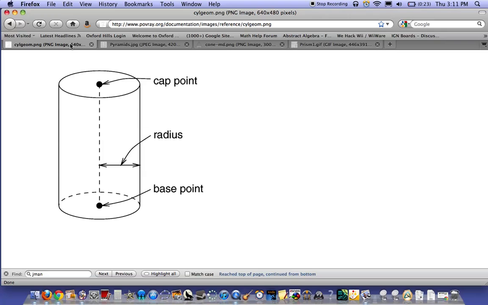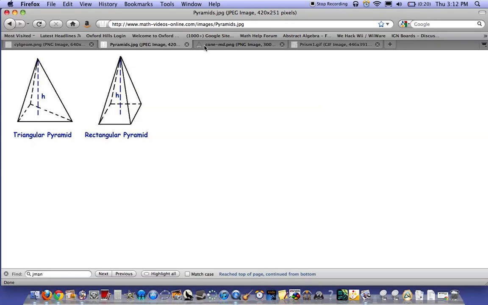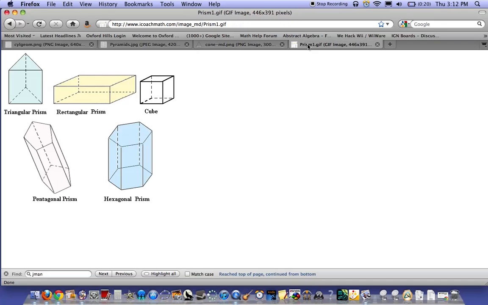And finally, we have a cylinder, which has two bases with a rounded lateral area. So we have cylinders, pyramids, cones, and prisms that come in all sorts of shapes and sizes.